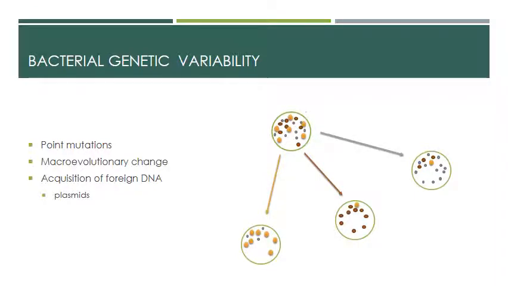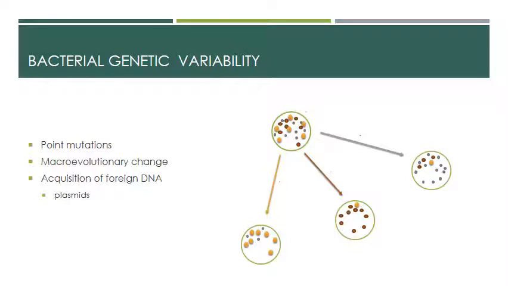Depending on the forces, and that's these arrows here, depending on the selection forces directed against this colony, you may end up with a different resulting population, literally in a few hours.